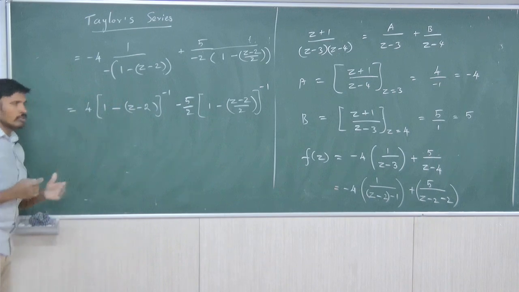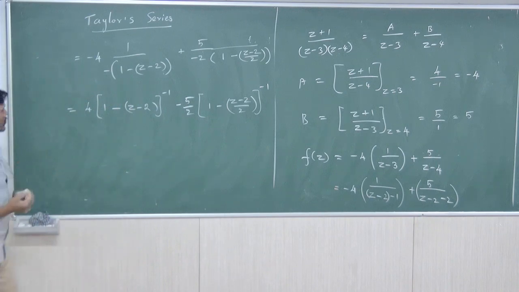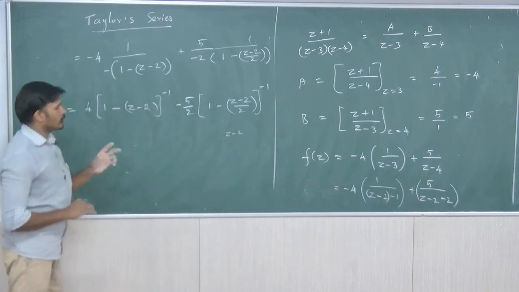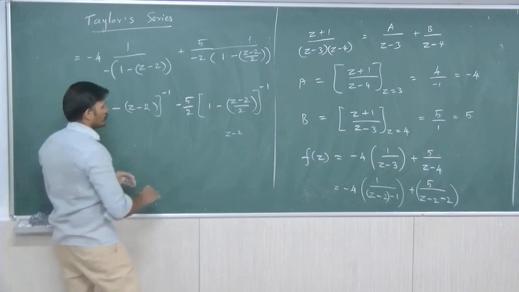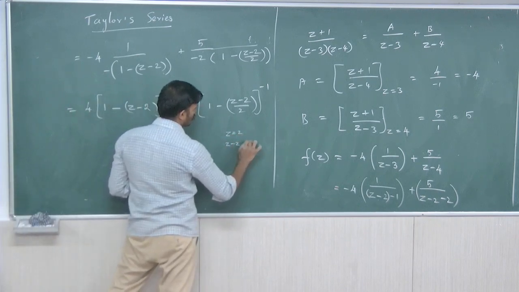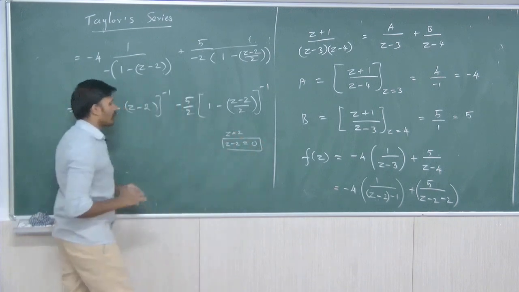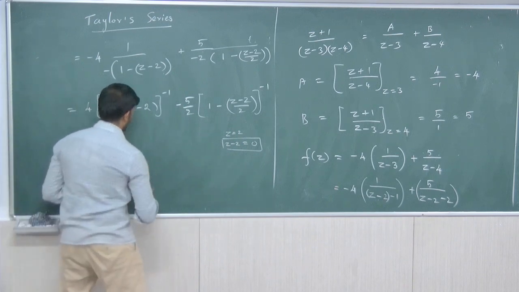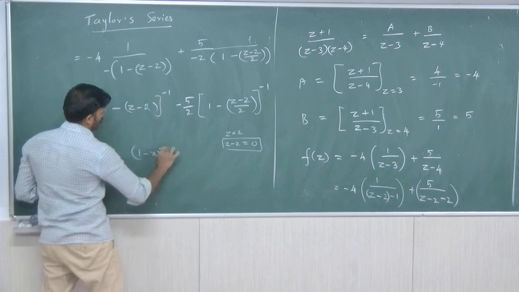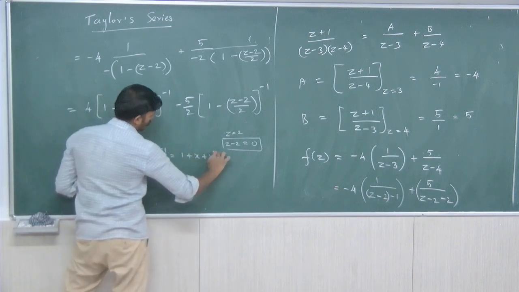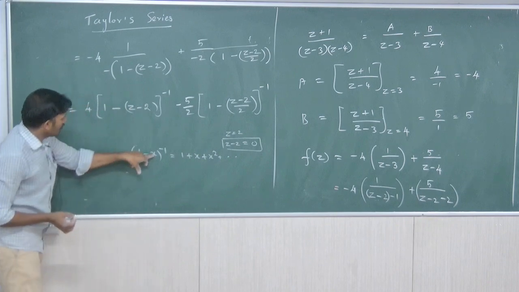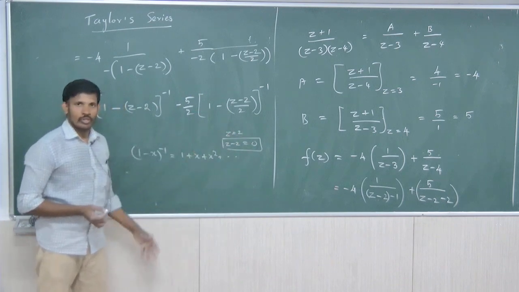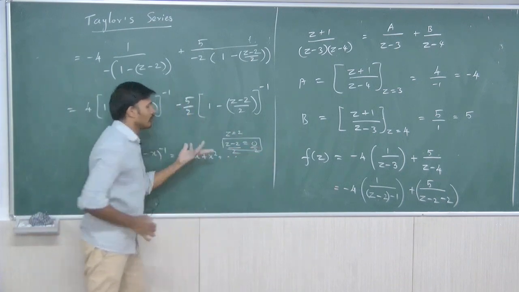Right? Now you can apply, because we are expanding z minus 2 at z equal to 2, z minus 2 is going to be 0. So for that you can use this formula, that means 1 minus x whole power minus 1 equal to 1 plus x plus x square and so on. So instead of x you can substitute z minus 2. Similarly, because z minus 2 is 0, (z minus 2) by 2 is also 0.